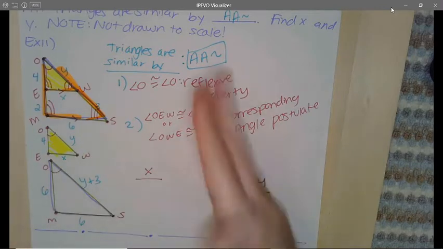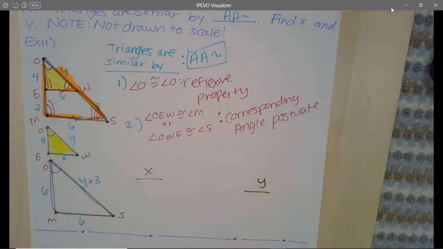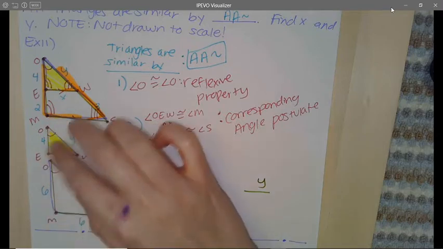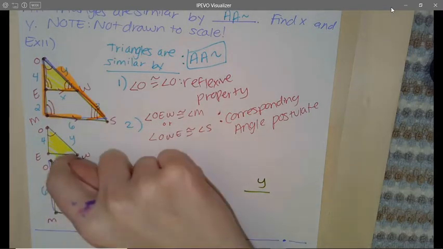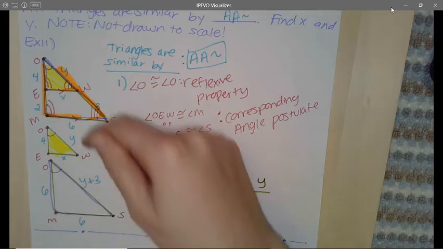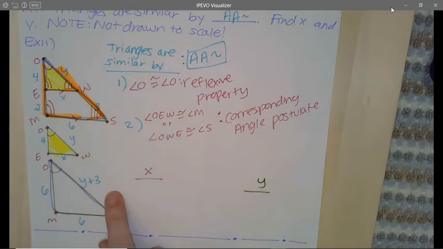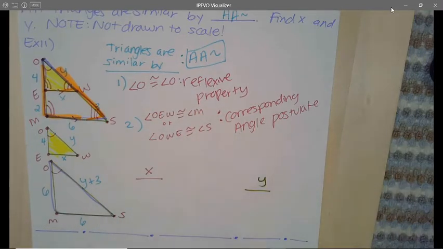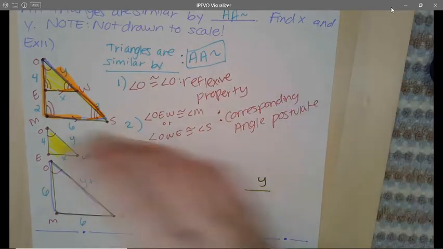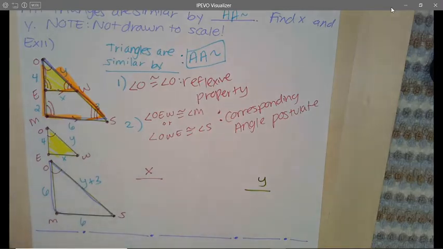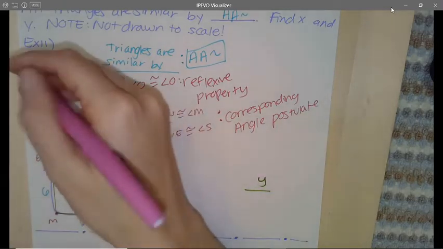Now, remember, when we set up a proportion, we want to make sure we write the corresponding sides together. Now, if you see here, like if I look at these two triangles, 4 and 6 correspond, X and 6 correspond, and Y plus 3 correspond. And how do I know that? Technically, they're not drawn to scale, but you can kind of look at your congruent markings as well. So, let's see here.